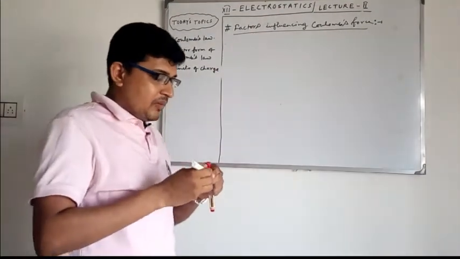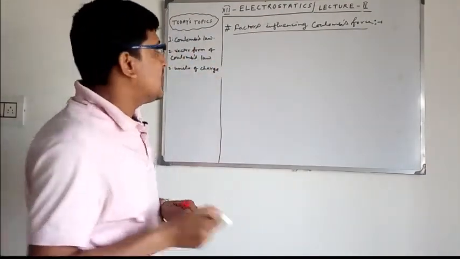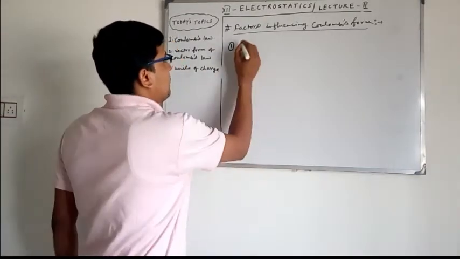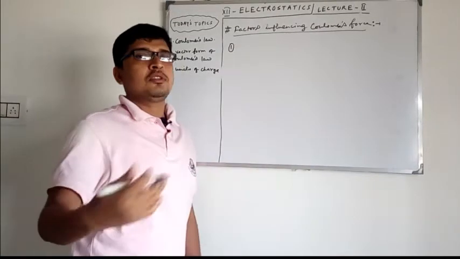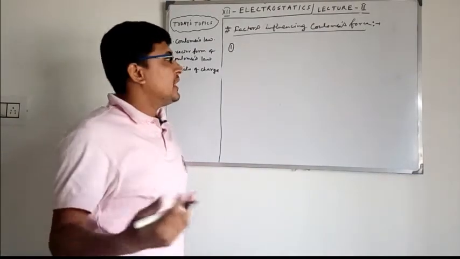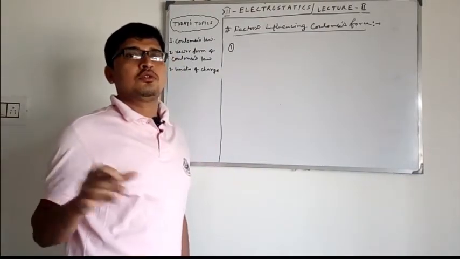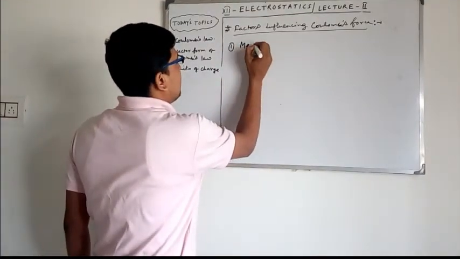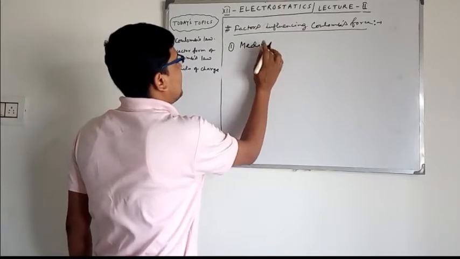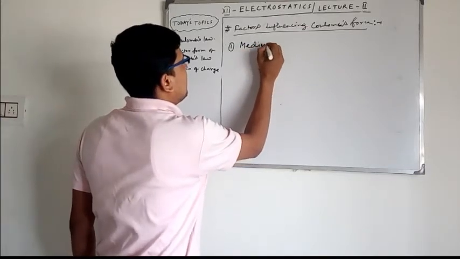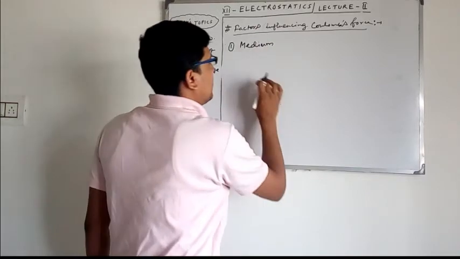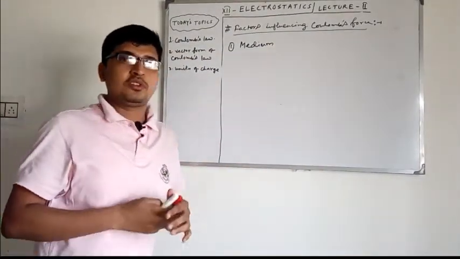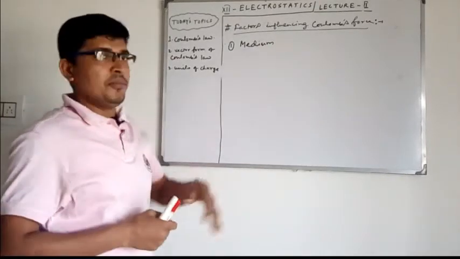In the statement we have seen that the force between two charged particles depends on the medium. If we change the medium, the amount of force between the two charged particles also changes. So the medium is a very important factor. That means the first factor on which force depends is the medium.